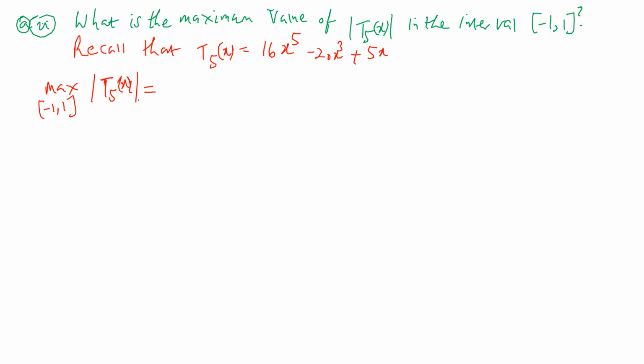The maximum value can be obtained by getting the maximum over the interval from minus 1 to 1 of the modulus of t sub 5, which is 16x to the 5th power minus 20x cubed plus 5x.